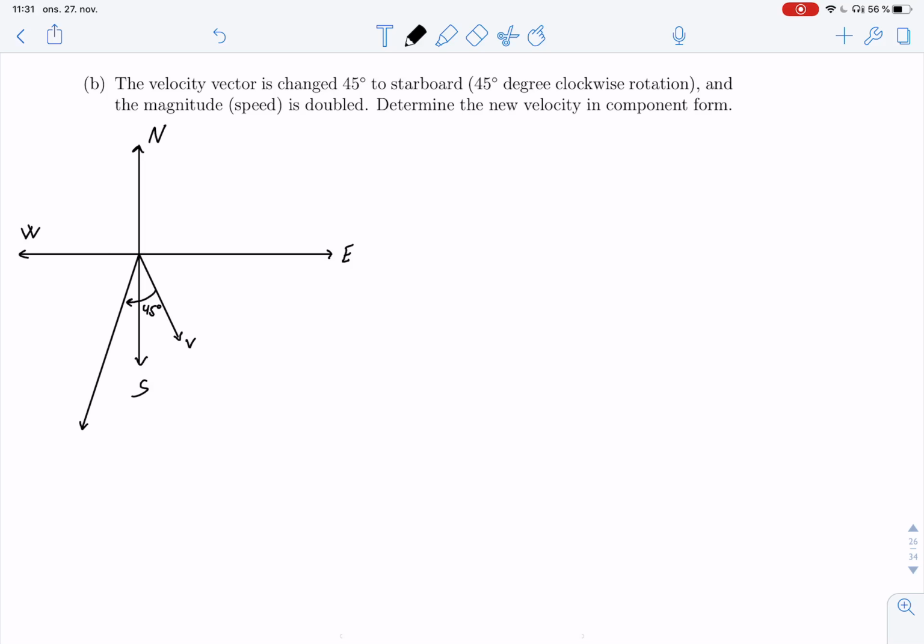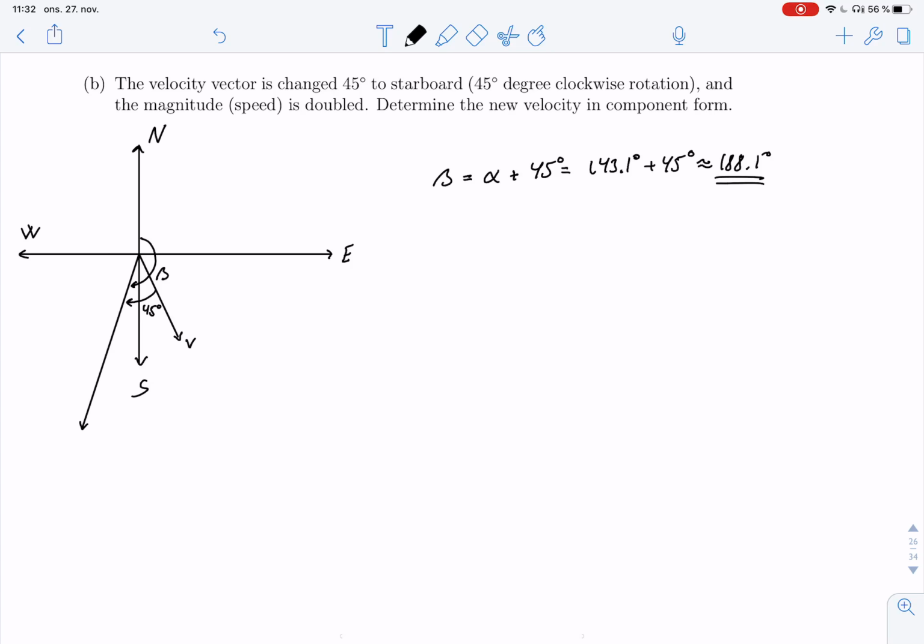Okay, so our new heading relative to north would be our last one plus 45 degrees. So 143.1 degrees plus 45 degrees would be 188.1 degrees. So a little bit west instead of east, but mainly south.